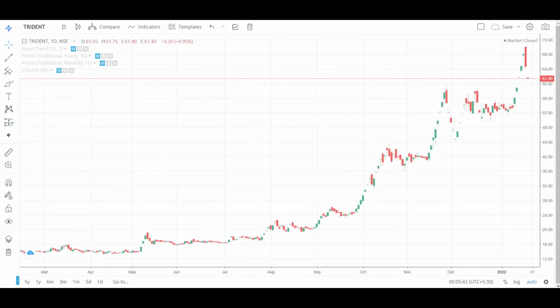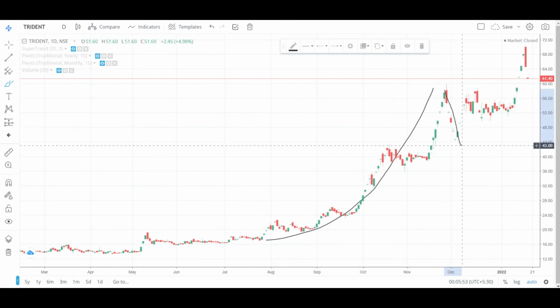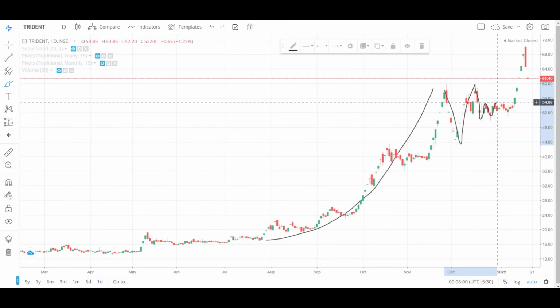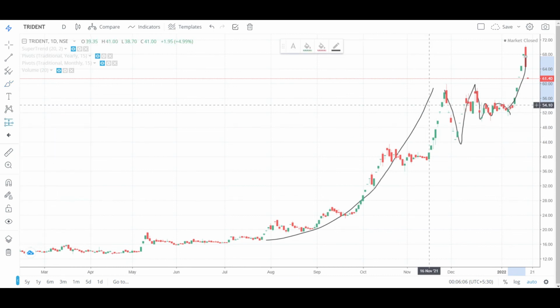Then next example is Trident. This is the last example. Up move, then the stock goes sideways, and during this sideways period we have this first contraction, then up move, then second contraction, up move, third contraction, up move, and fourth contraction, and then the stock just bursts.